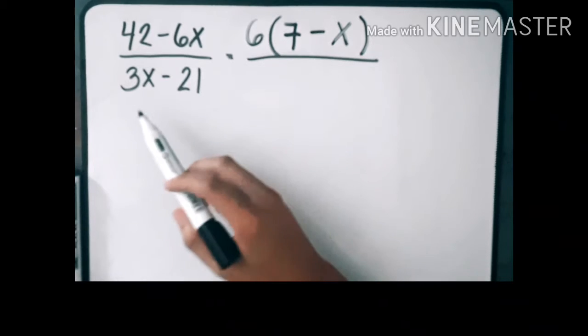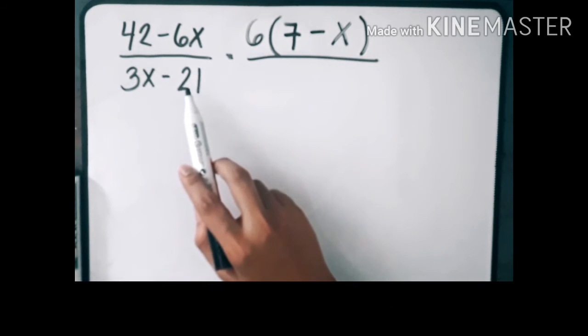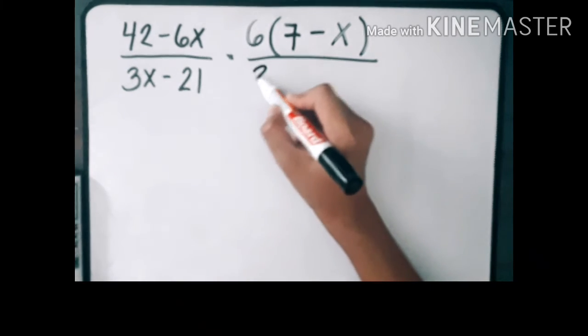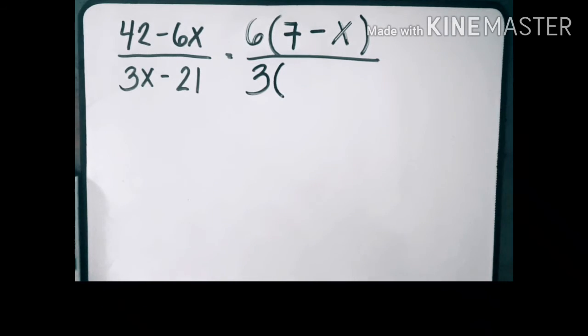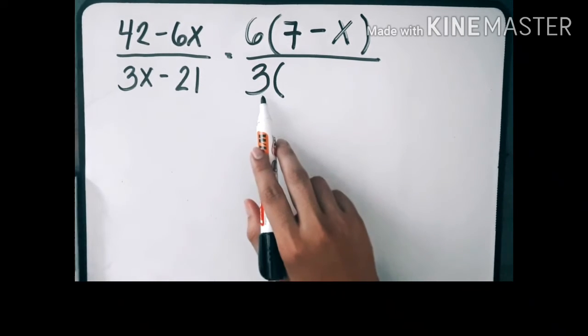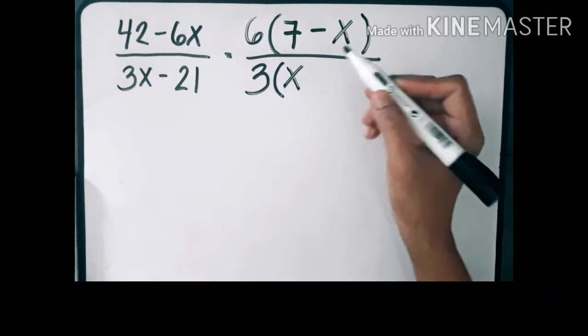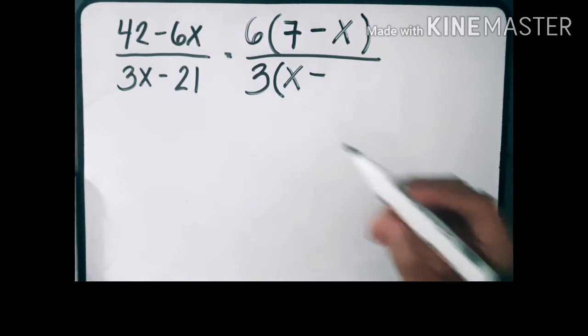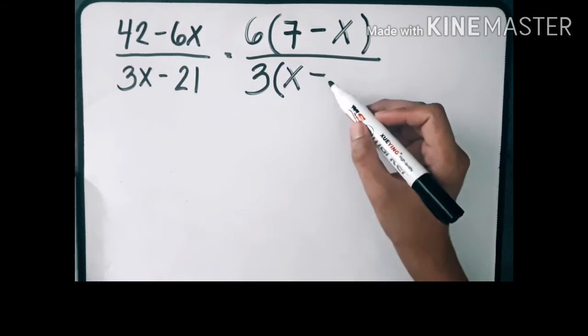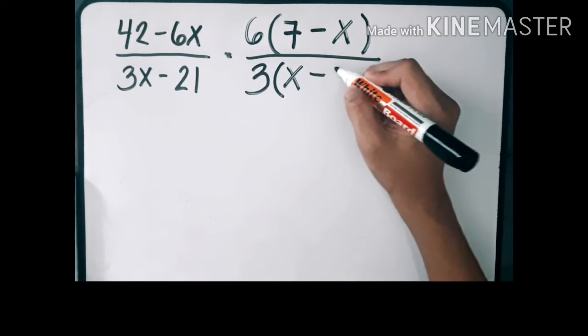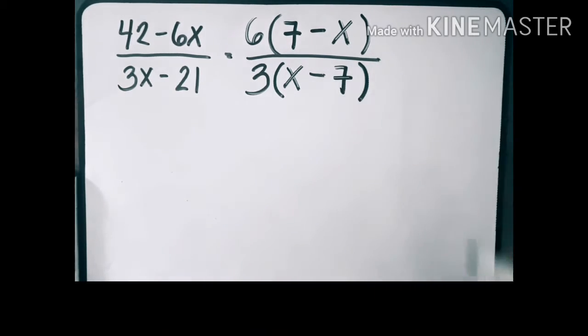The greatest common factor of 3x minus 21 is 3. 3x divided by 3 is x, minus 21 divided by 3 is 7.